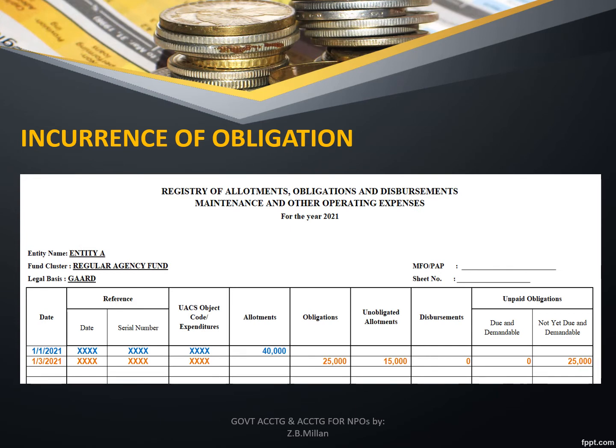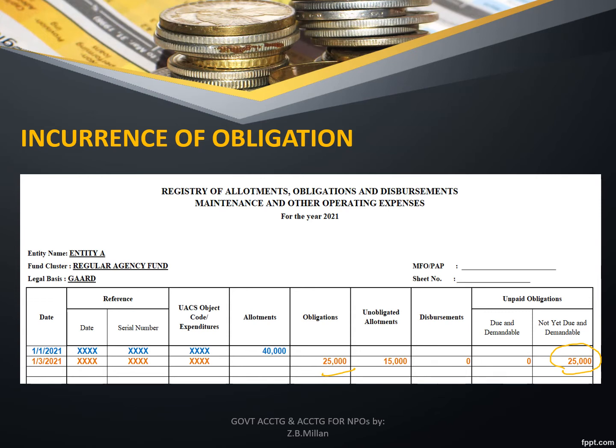The same case with the MOOE, yung ating obligated amount for the purchase of supplies na 25,000, hindi pa yon due and demandable given na hindi pa naman nadi-deliver kay entity A yung supplies.